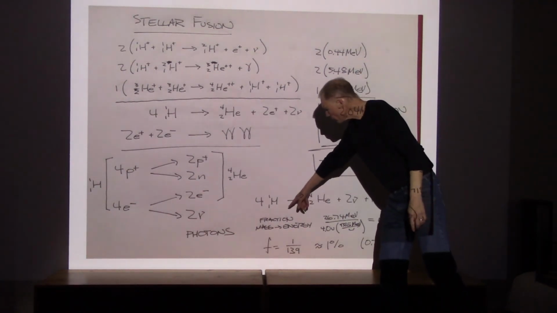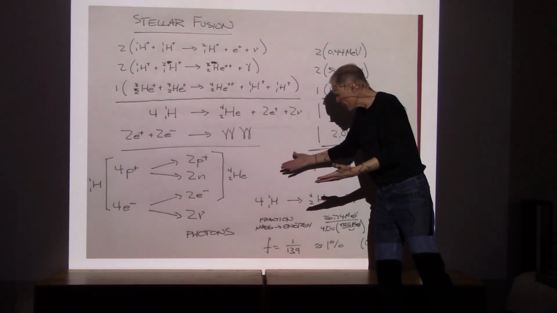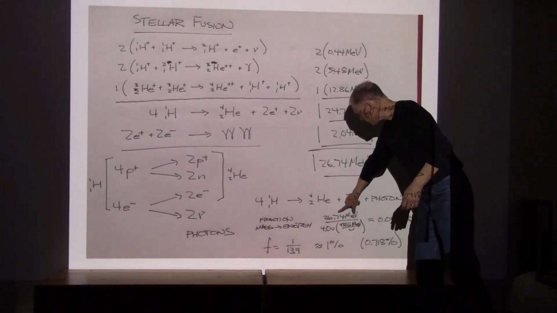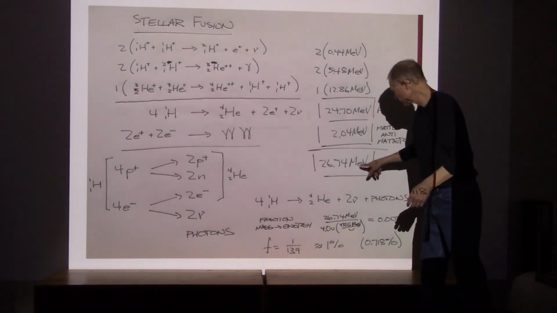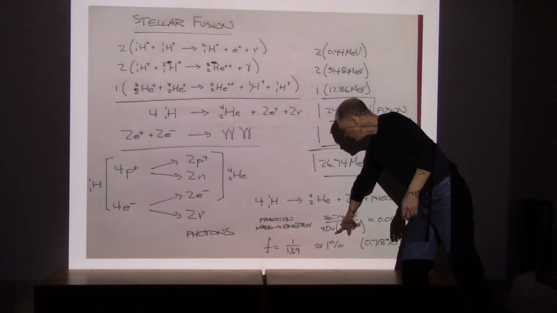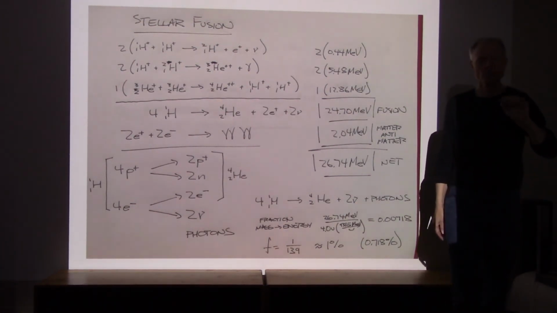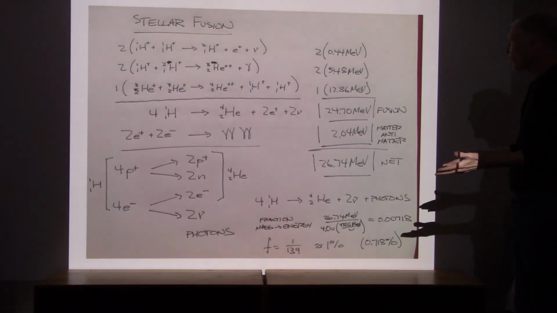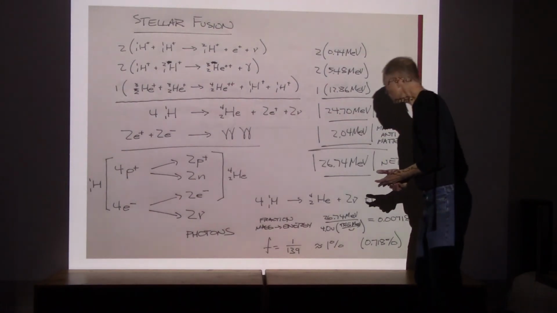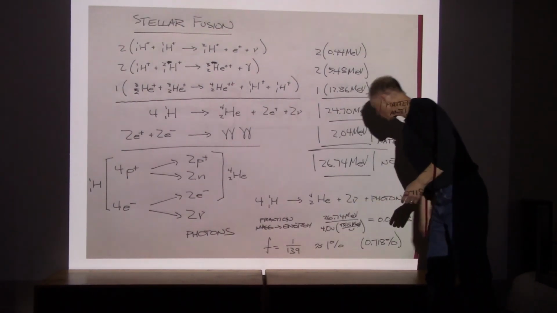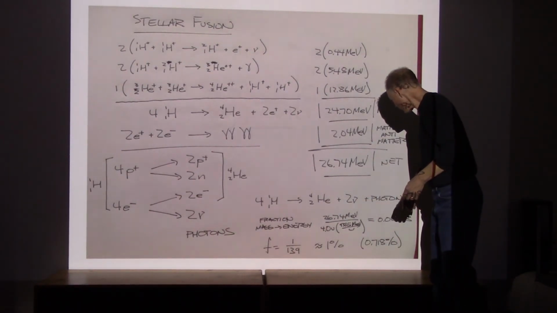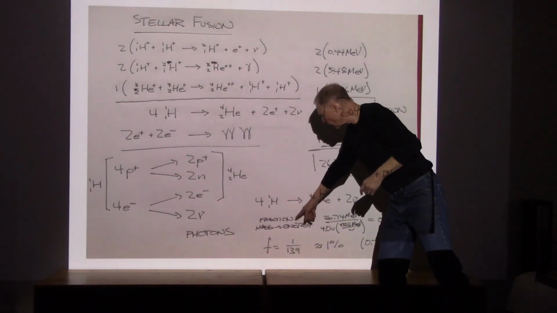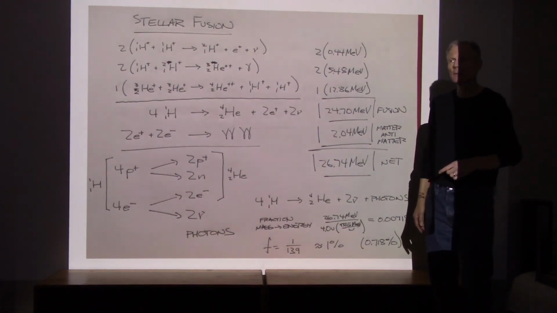So to find out how effective or how much of the mass is being converted to energy, I can say I'm getting this much energy out, 26.74 MeV. I really only invested those 4 protons. So 4 protons combined are going to be about 4 atomic mass units, a little more than that, but approximately 4. And that worked out to be 0.00718, or 1 part in 139.